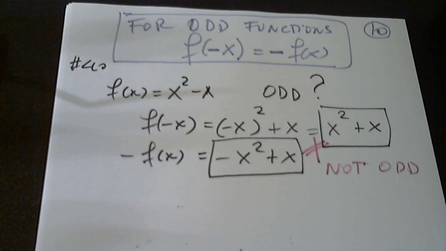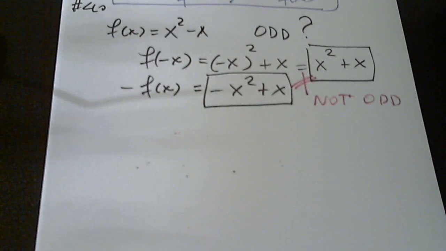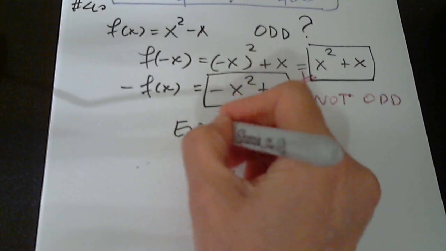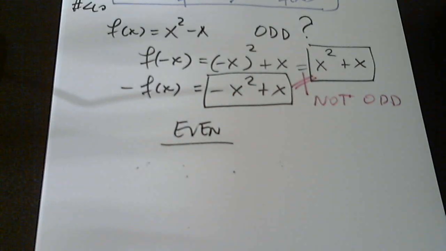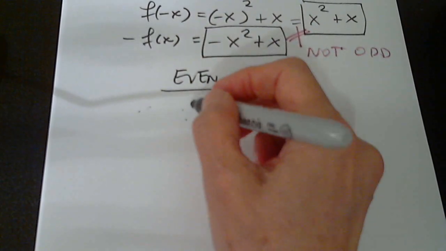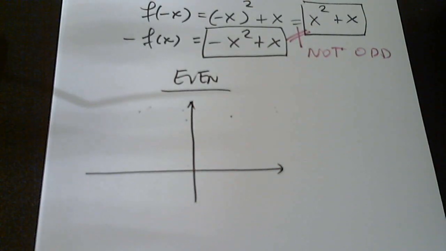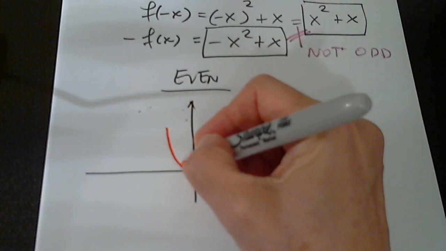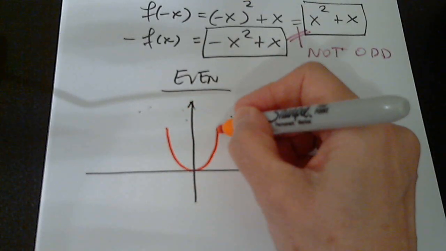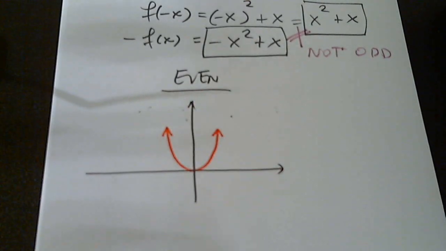So now I need to discover the same relationship for even. Let's discover it together because it will be easier to remember. So I'm going to graph an even function. This is an even function, perfectly symmetric with respect to the y-axis.